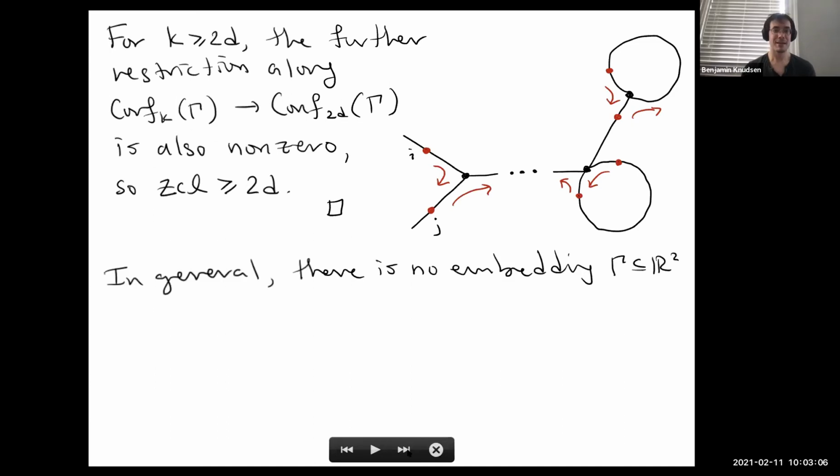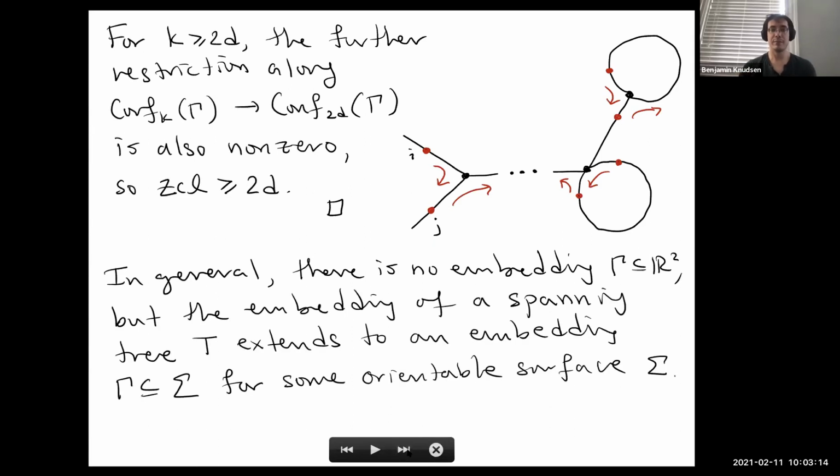Okay. So in general, of course, graphs are not planar, so sad, this doesn't work. But the spanning tree of my graph is planar, and I can embed it into R2, and that embedding extends to an embedding of my graph into some orientable surface.